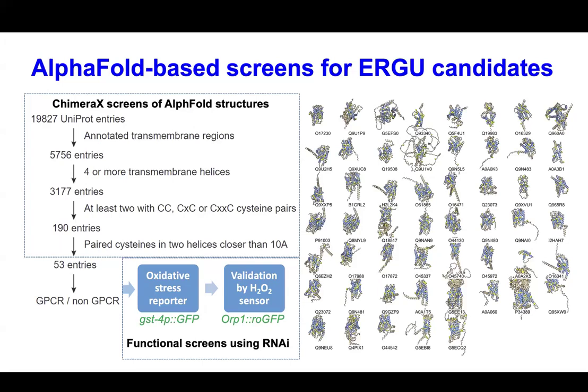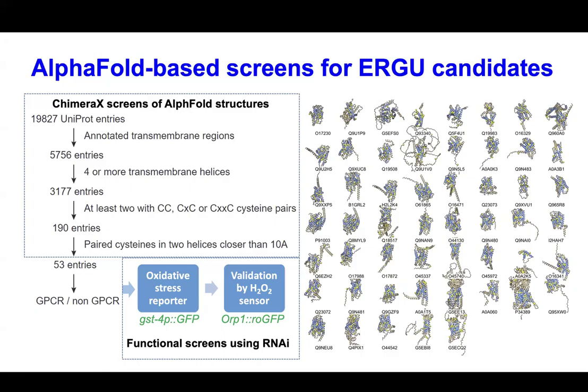And it turned out that a lot of them actually are GPCR among the final pool, but the 53 candidates are really manageable for us to perform a detailed functional and validation screen in C. elegans.